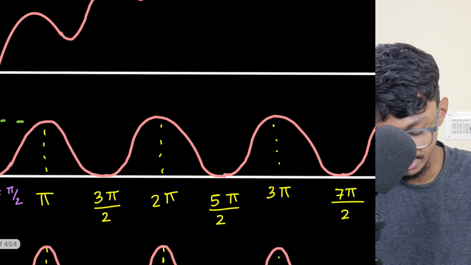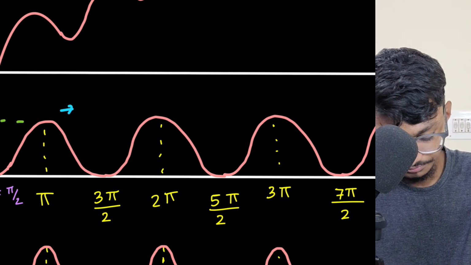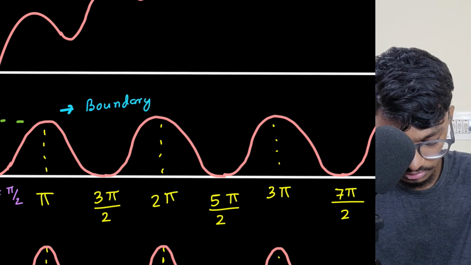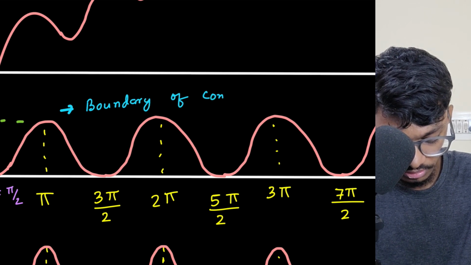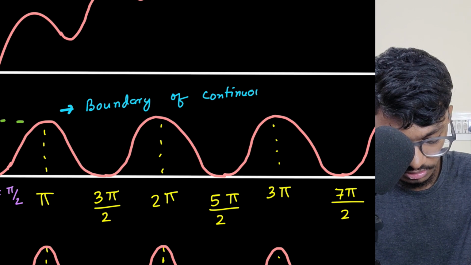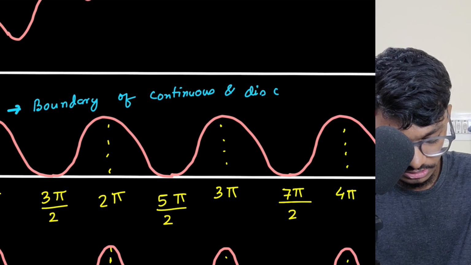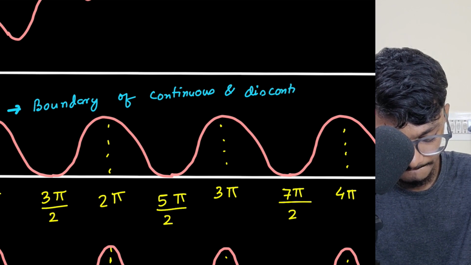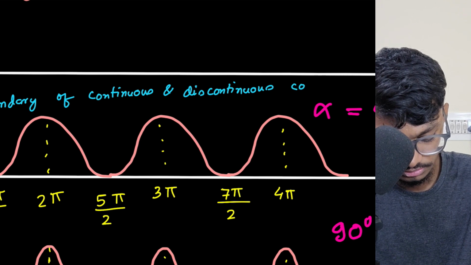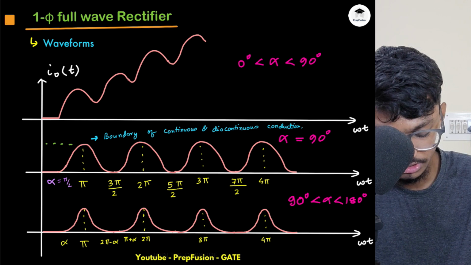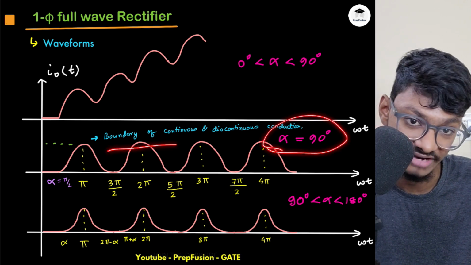I am at the boundary of continuous and discontinuous conduction for this particular case, alpha equals 90.